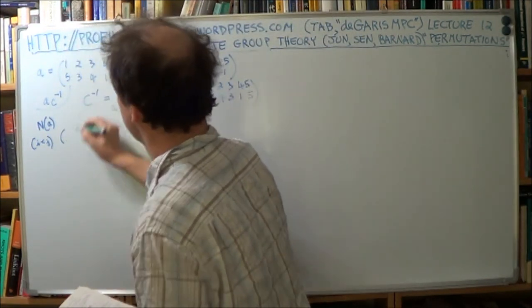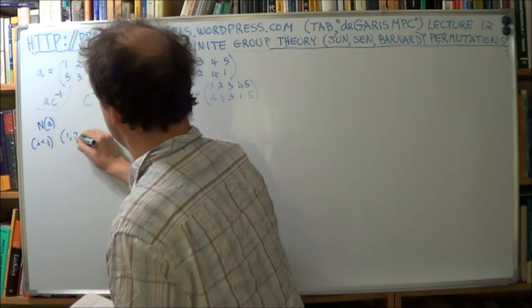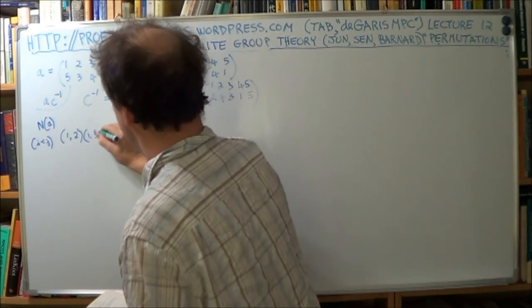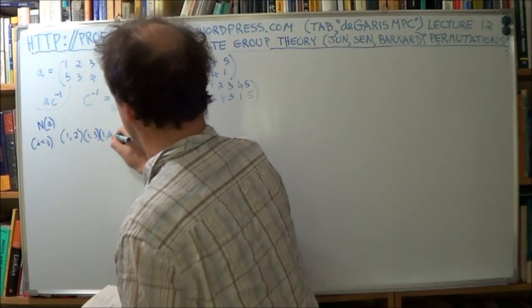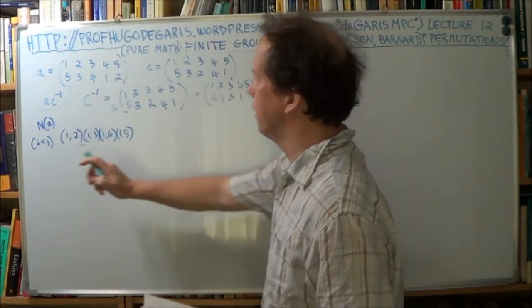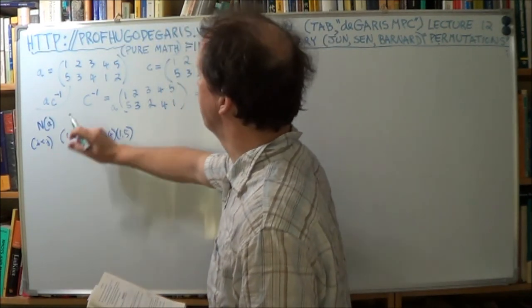Well, we can have 1,2, 1,3, 1,4, 1,5. Now, what are some more pairs?